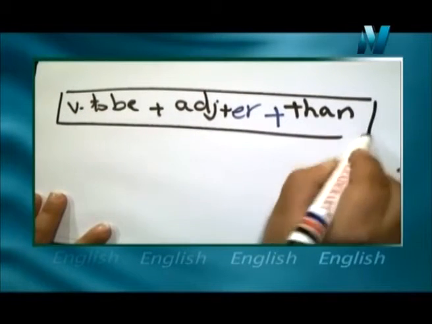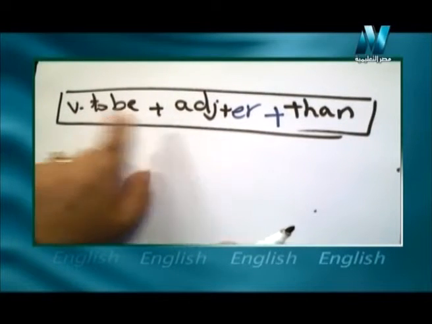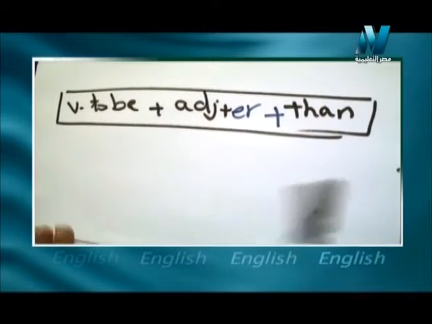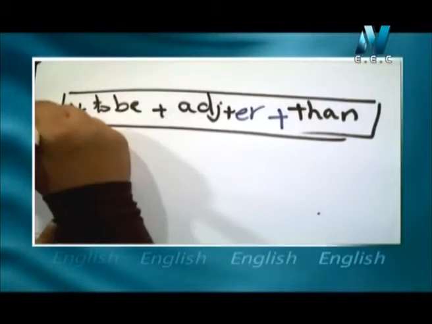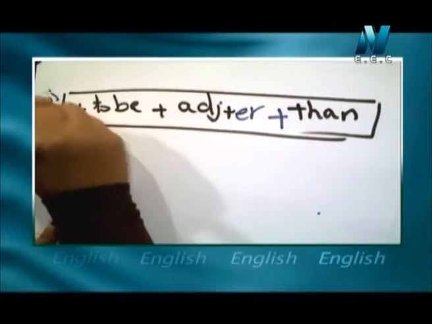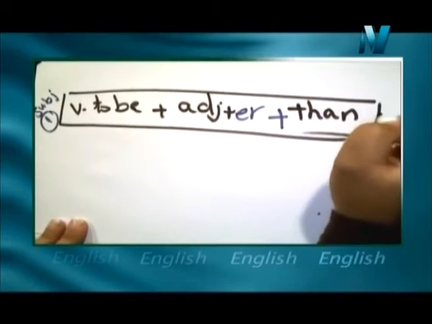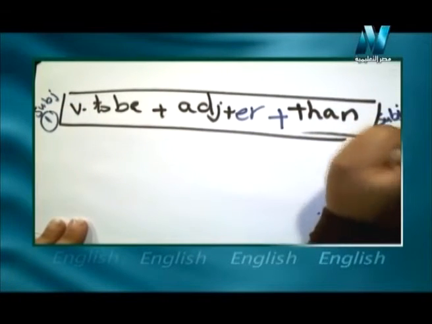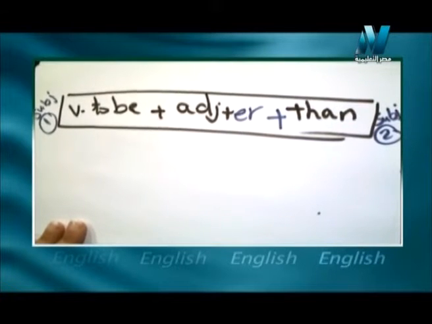This is the form. Verb to be, adjective plus ER, than. Before I start, I will put subject number one I'm speaking about, and at the end, subject number two I'm speaking about.